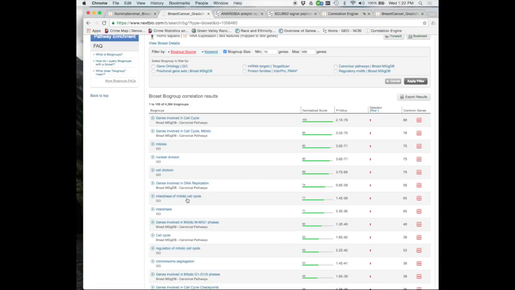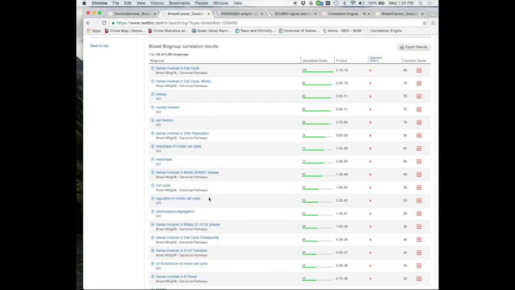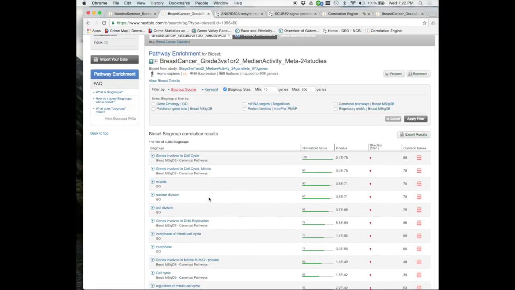Cell cycle, mitosis. But as you'll see, what we can do is now select, I only want to see those things that have microRNA targets. So based on just a list of genes, we have a very good idea what genes microRNAs inhibit. And if we can look at the RNAs itself and find the pattern there, we can figure out what microRNAs are potentially altered.